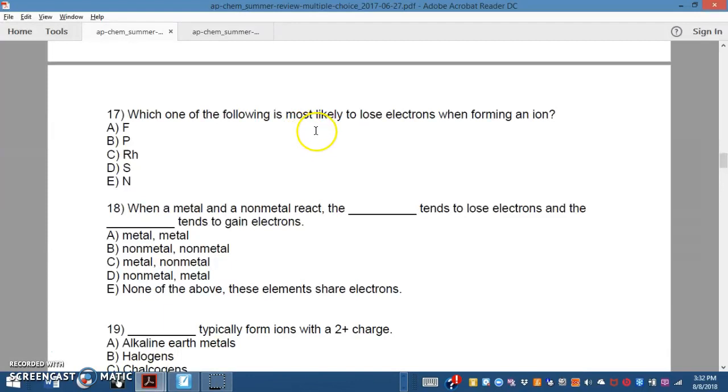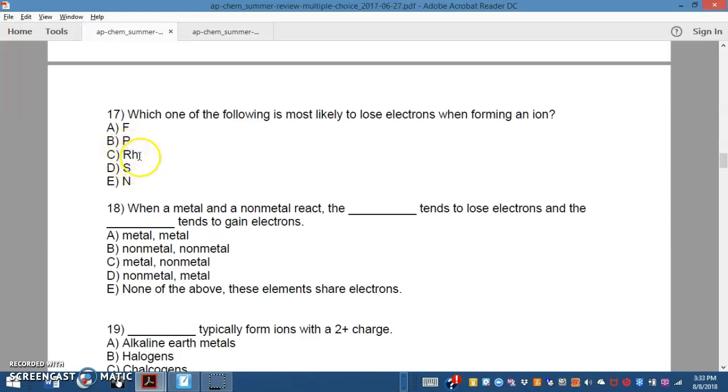17, which of the following is most likely to lose electrons when forming an ion? Well, those have to be the elements at the beginning, the alkali metals in particular. Now, out of those, you have fluorine, which is willing to take 1 electron because it's a halogen. Phosphorus needs only 3 more electrons.